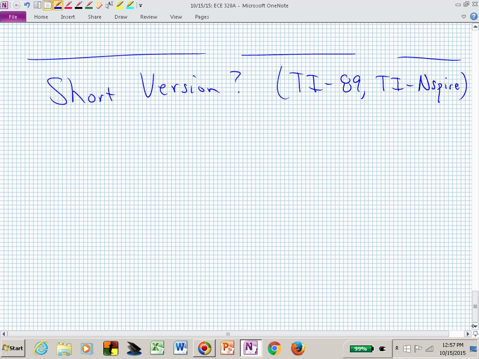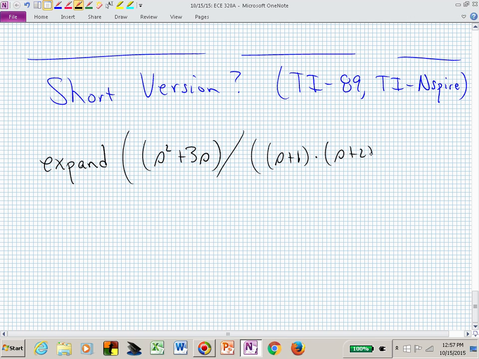If you look at doing what we just did and you plug it into one function called expand, and you say s squared plus 3s, that's the numerator, and I go crazy with parentheses just so I know that it's putting things in the right spot. Here's a parenthesis, then it's s plus 1 times s plus 2 cubed. Wow. Good thing I'm typing that into the calculator and not having to draw it in.